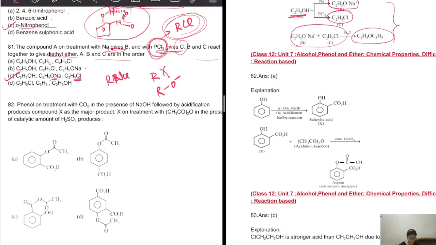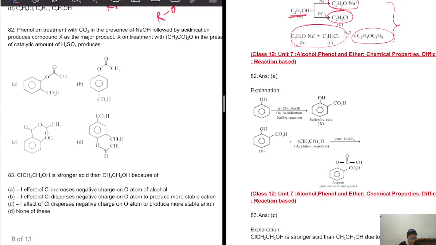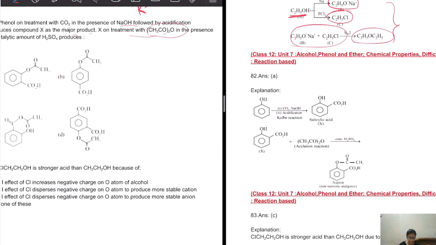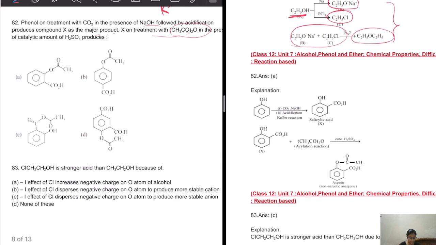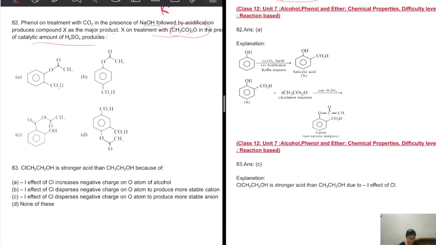Now let's see the next question. Phenol on treatment with CO2 in the presence of NaOH followed by acidification produces X as the major product. X on treatment with this anhydride in the presence of a catalytic amount of H2SO4 produces? This is the Kolbe-Schmitt reaction.